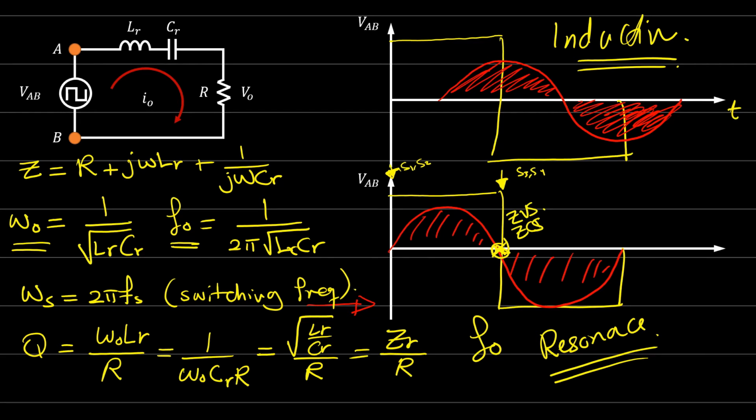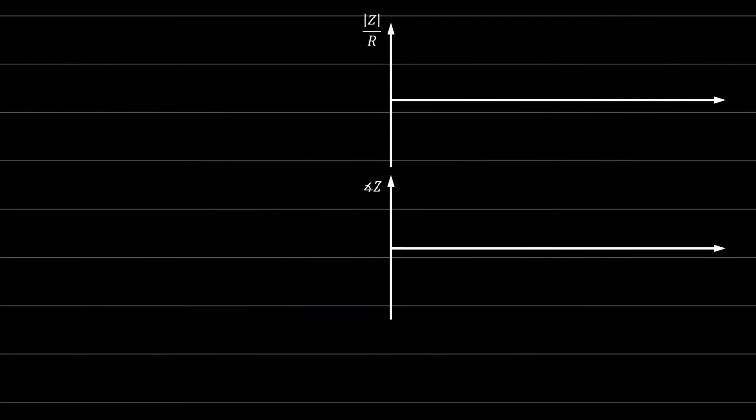Okay? Now, if you look at the quality factor, high quality factor means small R, right? Small R means what? High power, high current, or what we call heavy load. Small quality factor means what? High R, high resistive load, and this means light load.